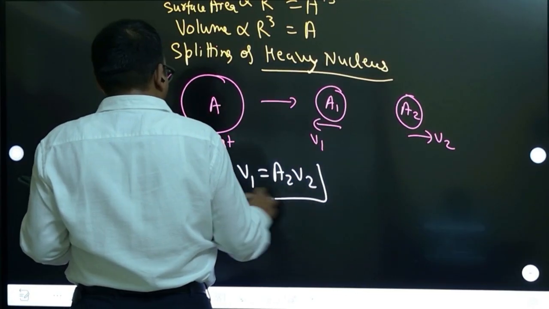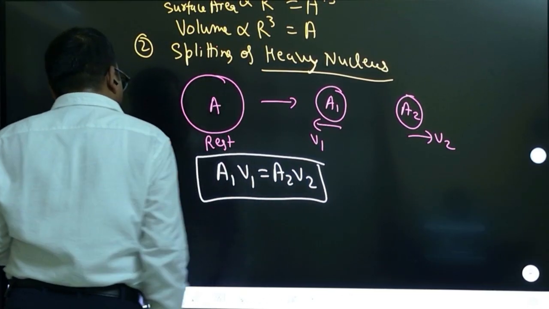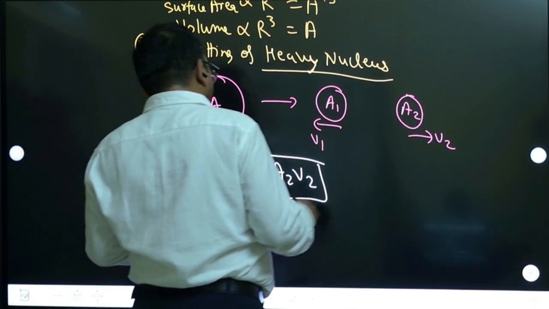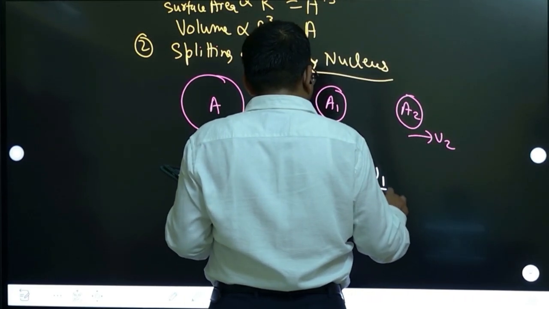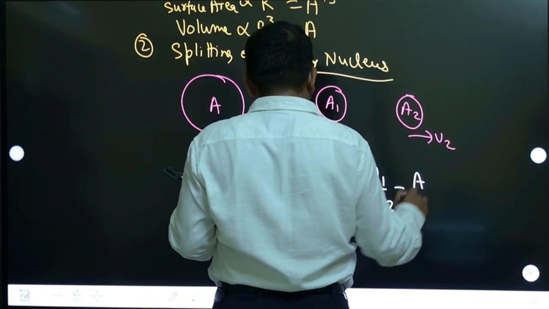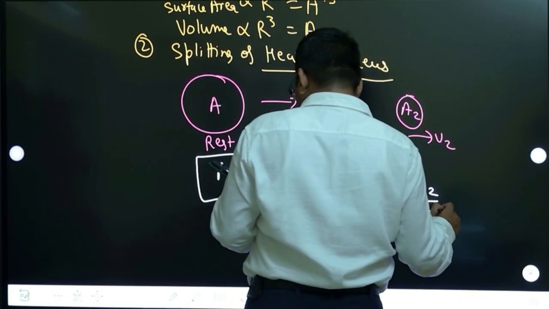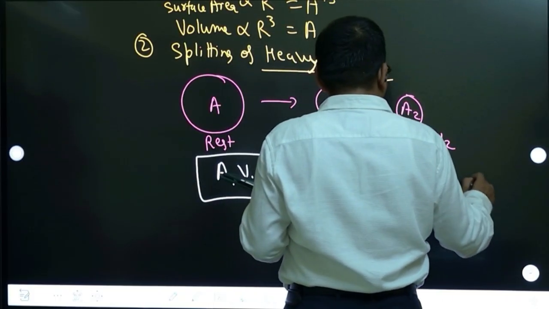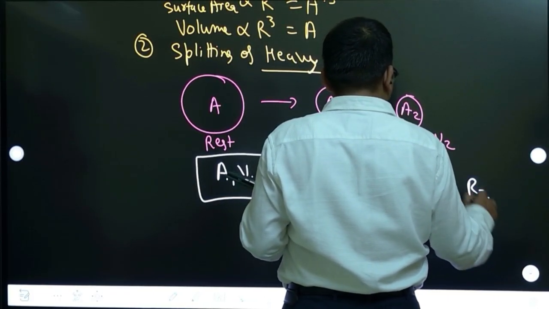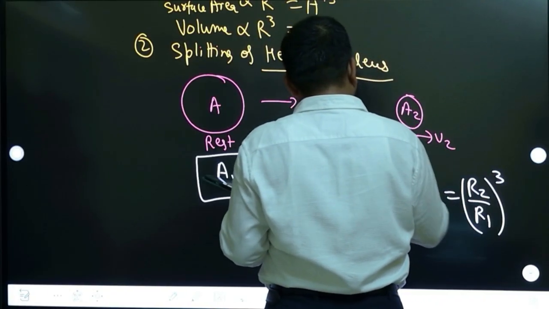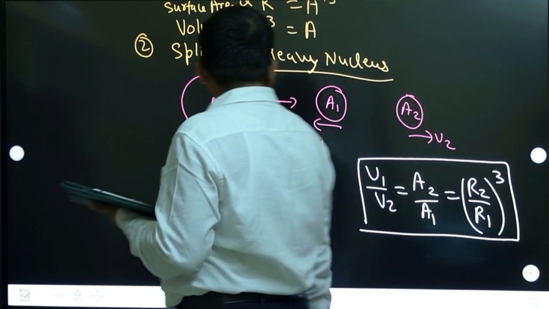This is mass number, right? Because total momentum is 0. So you can see the velocity ratio is inversely proportional to the mass ratio, which is the radius ratio r1 by r2 whole cube, right?